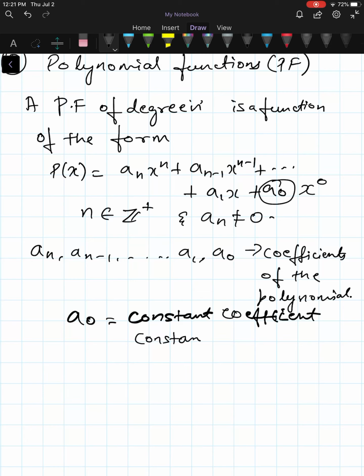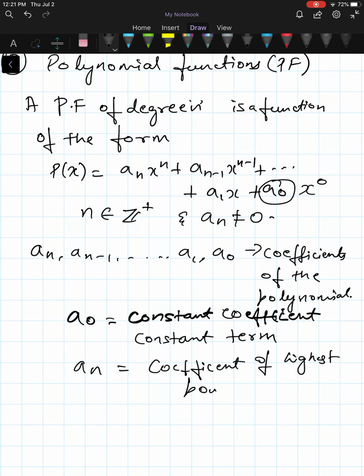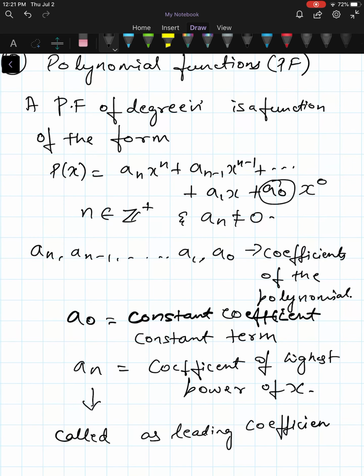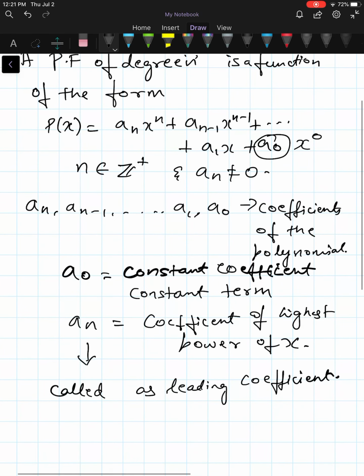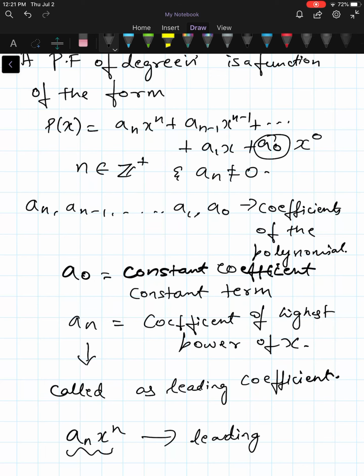So it is the constant coefficient or constant term of the polynomial. And a_n is the coefficient of the highest power of x. This is called the leading coefficient, and the term a_n x^n together is called the leading term.